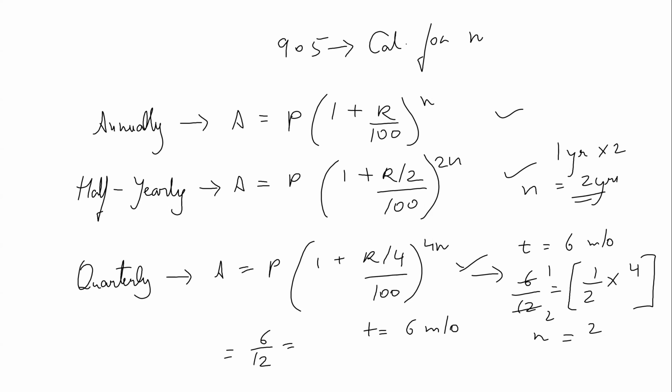Do 6 by 12, convert it into years. Calculate it, 6 by 12, you'll get 0.5, or half. Now multiply this with 4. 0.5 into 4 is how much? 2. So n will be 2.